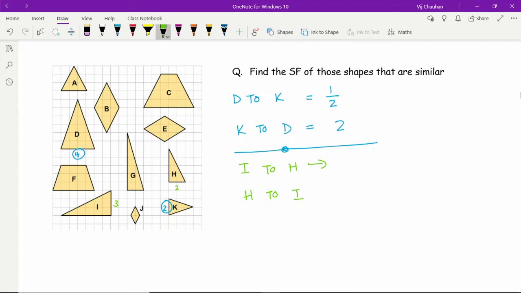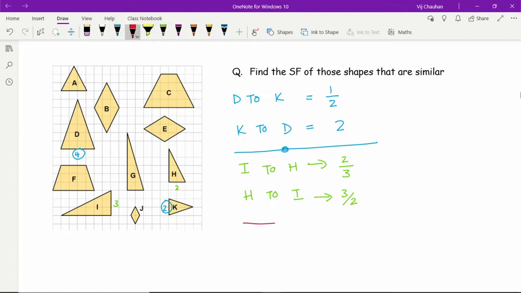So here, to go from I to H, it's going to be 2 over 3. And to go from H to I, it's going to be 3 over 2. So it's always the side you are looking at that goes on the bottom and the end value goes on top. And that's probably the easiest way of looking at what the scale factor is going to be. And we'll talk about the scale factor in a sec.